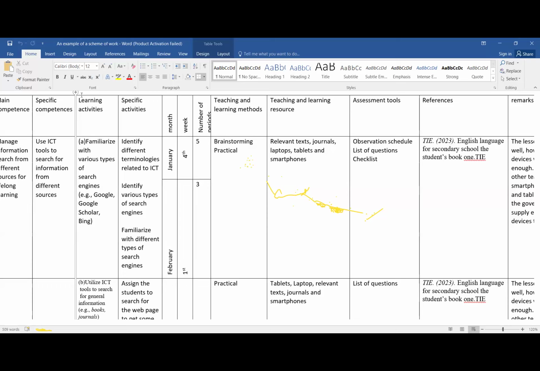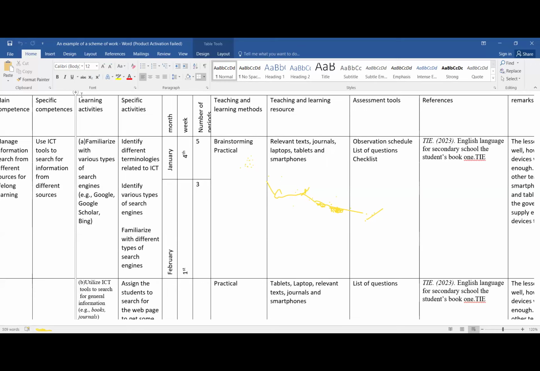If the lesson was not well understood, maybe the challenge is that you don't have enough devices. Have you solved the problem? If you have solved it, you have to indicate how far you have solved it. And if not, what is your suggestion? You have to give the suggestion so that when someone comes and reads, he or she can get the suggestion from what you have suggested in your scheme of work.